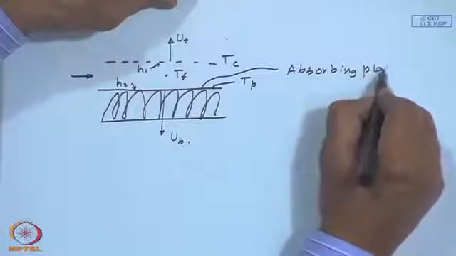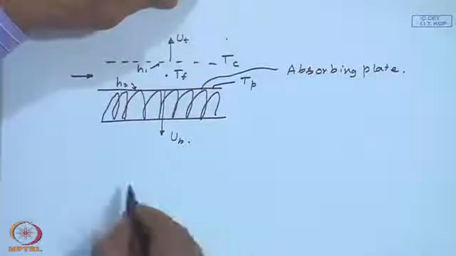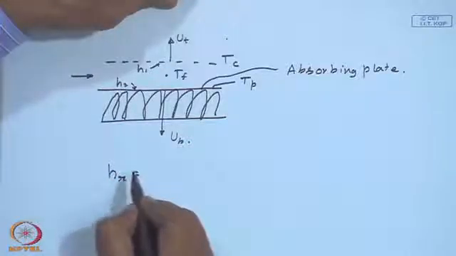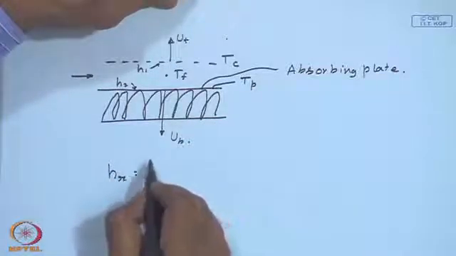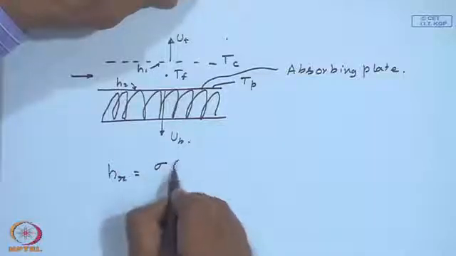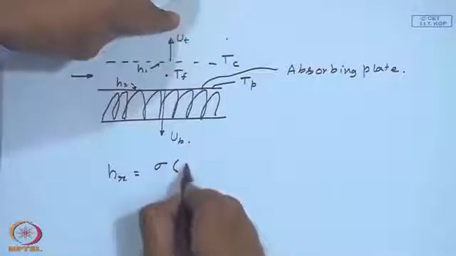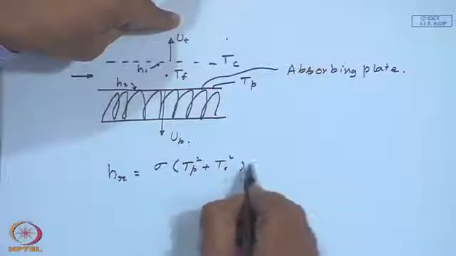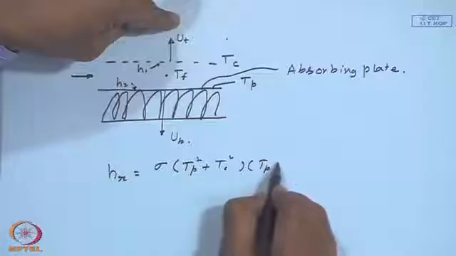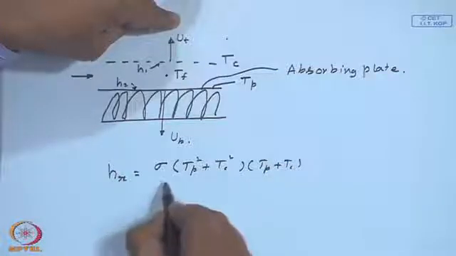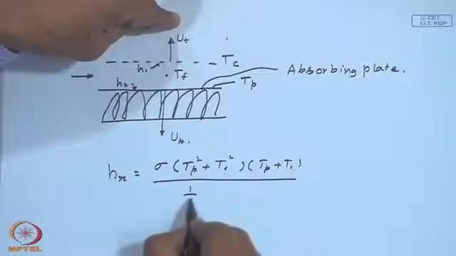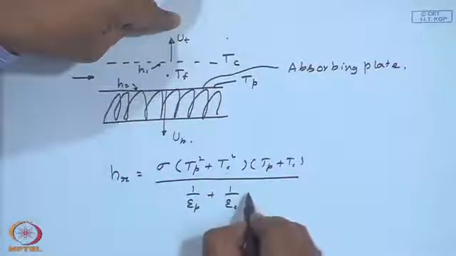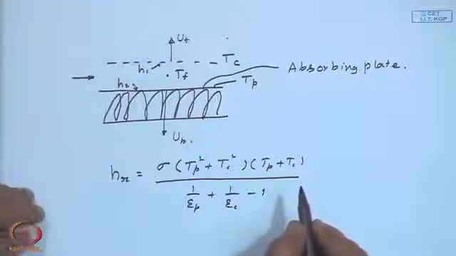So, we can write down straight away the radiative heat transfer coefficient between the plate and the cover as sigma times (T p squared plus T c squared) times (T p plus T c) by (1 upon epsilon p plus 1 upon epsilon c minus 1). This is nothing but H r into (T p minus T c) equated to sigma times T p to the power 4.